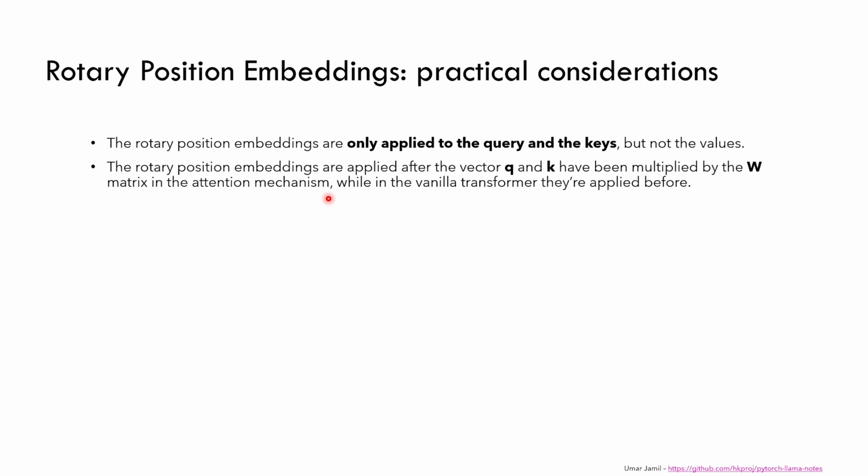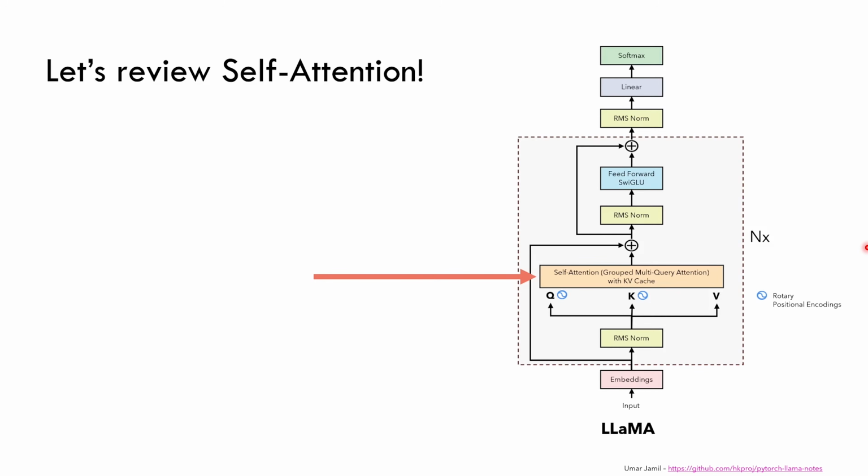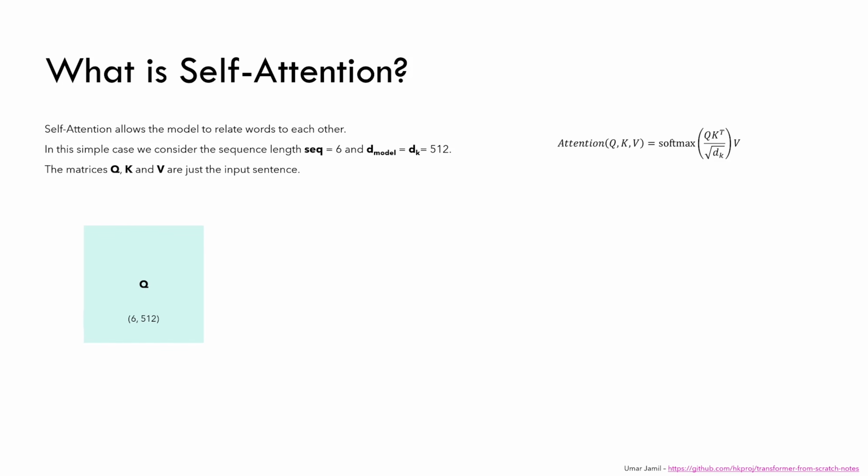Now comes the interesting part, in which we will see how the self-attention works in LLaMA. But before we can talk about the self-attention as used in LLaMA, we need to review, at least briefly, the self-attention in the vanilla transformer. If you remember, in the vanilla transformer we start with the matrix Q, which is a matrix of sequence by d_model, which means that we have the tokens on the rows and the dimensions of the embedding vector on the columns.